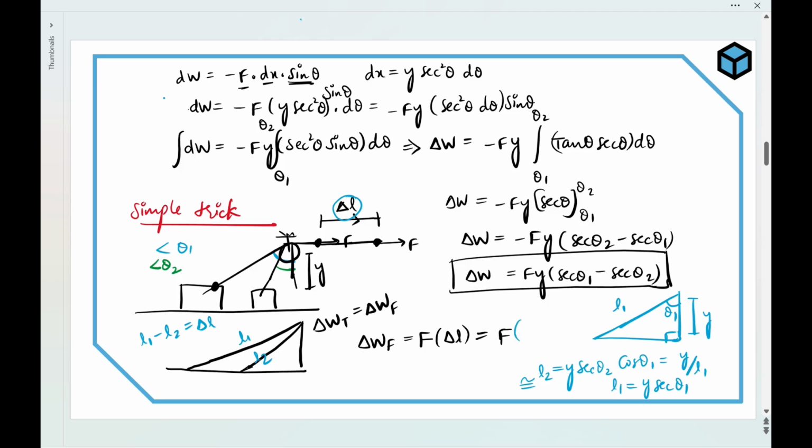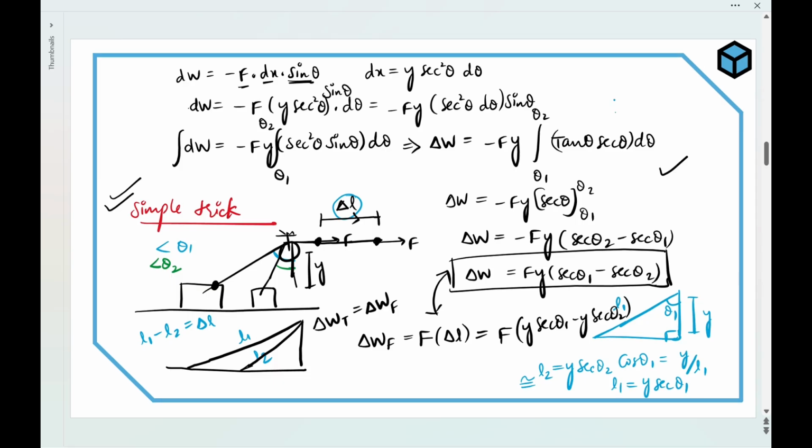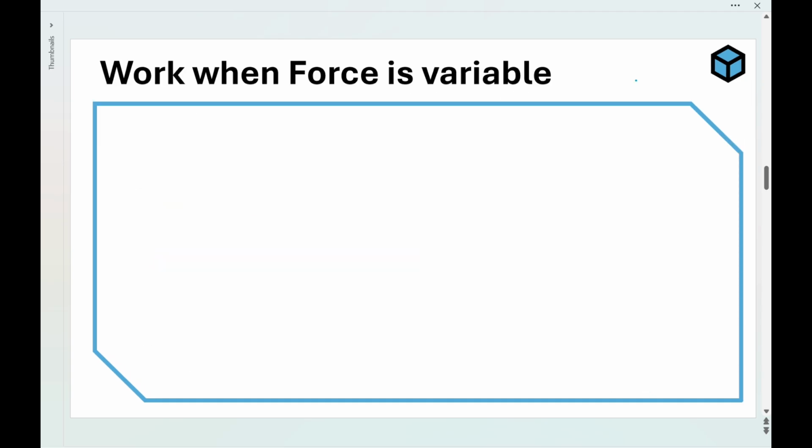So now we can write F into delta L. Delta L is nothing but L1 minus L2, so it's Y secant theta 1 minus Y secant theta 2. See, you got the same result by a different process, but this was a simple one we have to use in exam. The first procedure will clear nearly all your concepts over this particular work thing. So let's go to the next question.